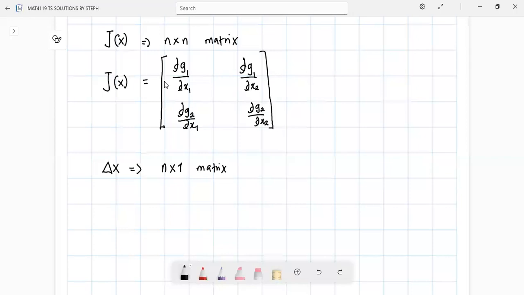And then finally, f of x simply contains the two functions. It is a set of the two functions from the given equations.